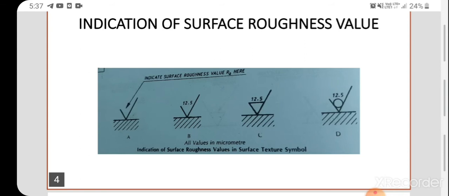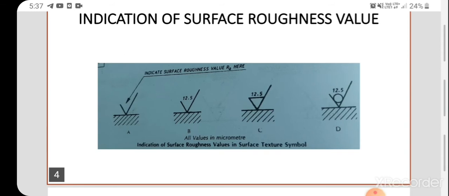In the first symbol, it is indicated in the specified place in the surface texture symbol as shown. In the second symbol, the surface roughness value is obtained by any production method other than machining. In the third symbol, the value of surface roughness is obtained by removing the material by machining. And in the fourth symbol, the value of surface roughness is obtained without the removal of material.